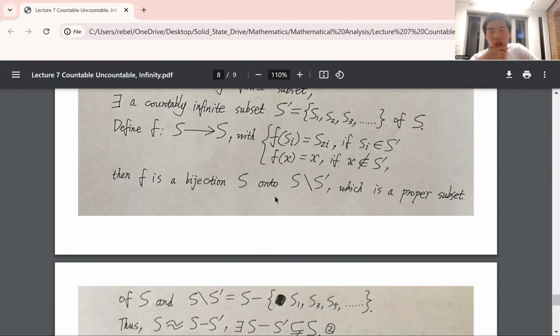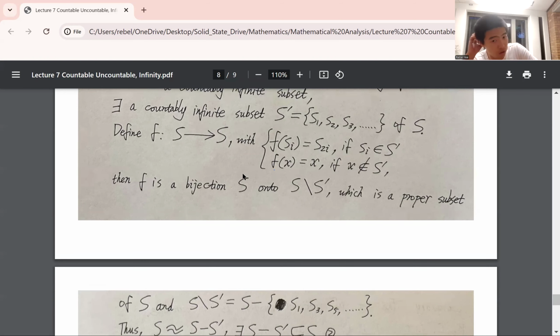Then we say f is a bijection from S onto a proper subset. Let's see why this is true. f is a bijection from S onto S minus S1.